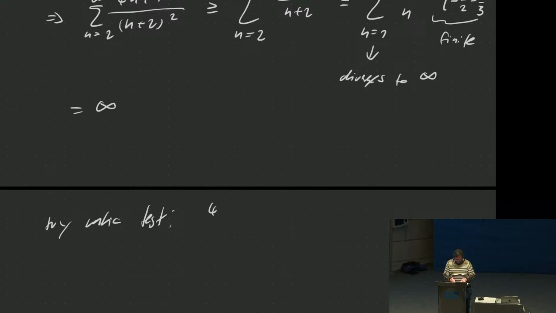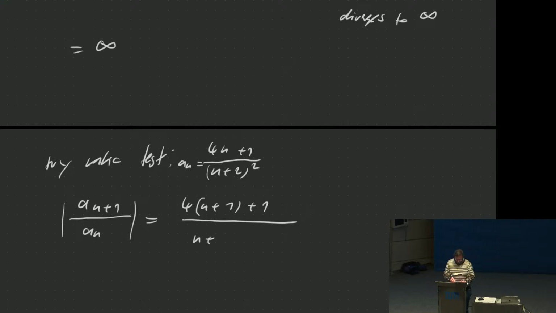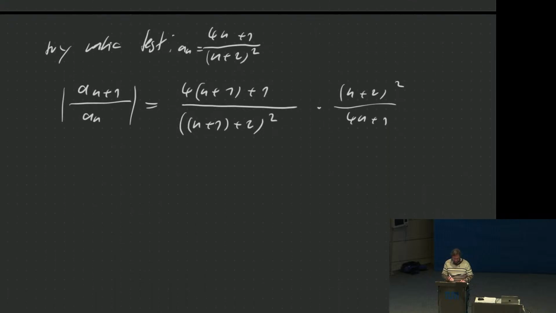So what do we have here? Our an is 4n plus 1 over n plus 2 squared. So for the ratio test, we need to compute an plus 1 over an, absolute value to be precise, but it's all positive here anyway, so that doesn't matter much. So what we get is 4 times n plus 1 plus 1 over n plus 1 plus 2 squared, times n plus 2 squared over 4n plus 1.